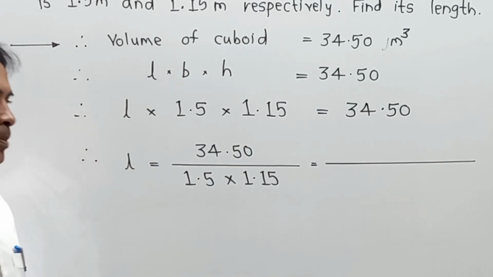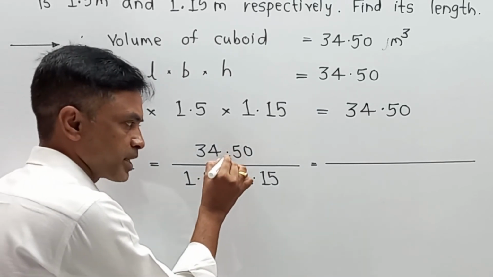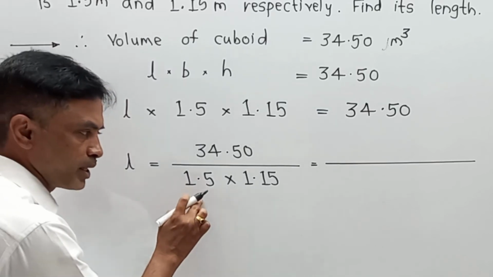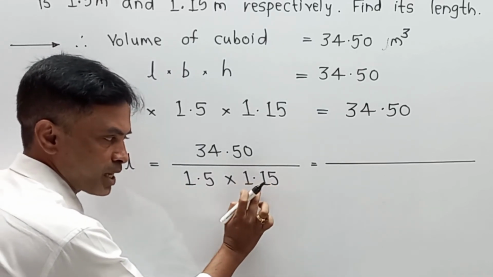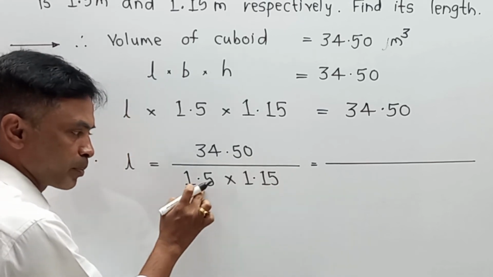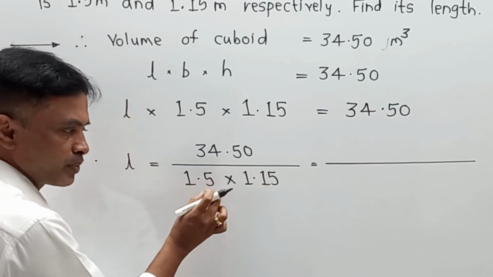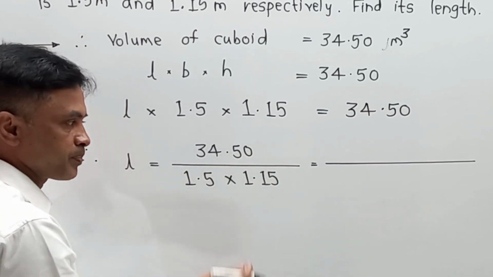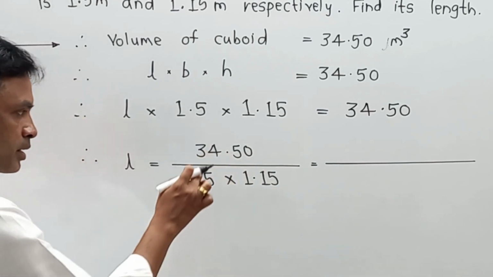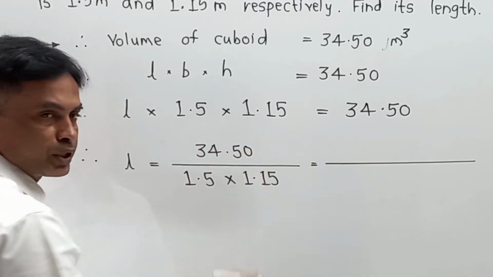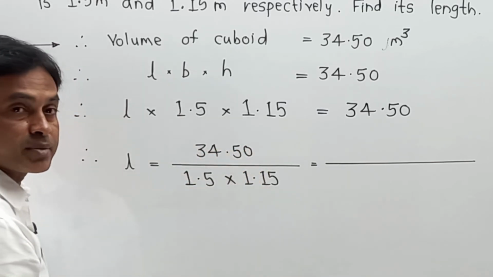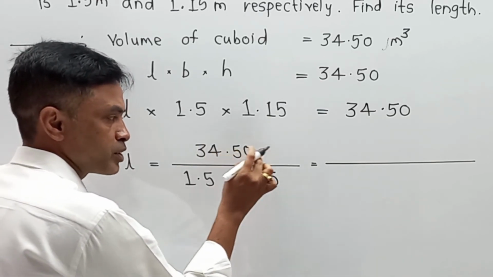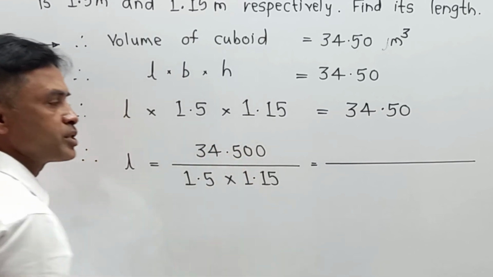Now the main part is the decimals. In the denominator, 1.15 has 2 digits after the decimal and 1.5 has 1, so 1 plus 2 means 3 digits after the decimal, and in the numerator 34.50 has only 2. So I am going to make a slight change: instead of writing 34.50, I add an additional 0.